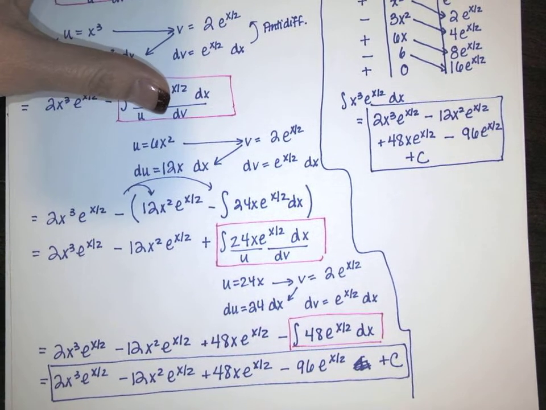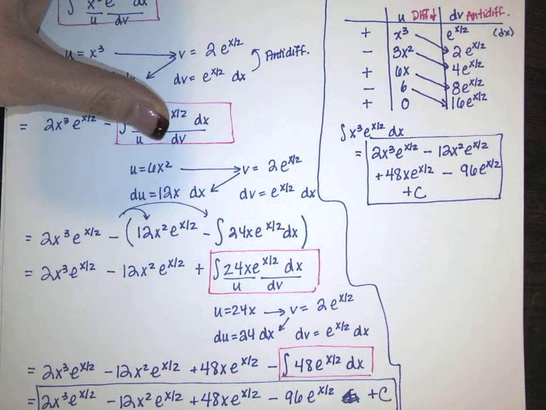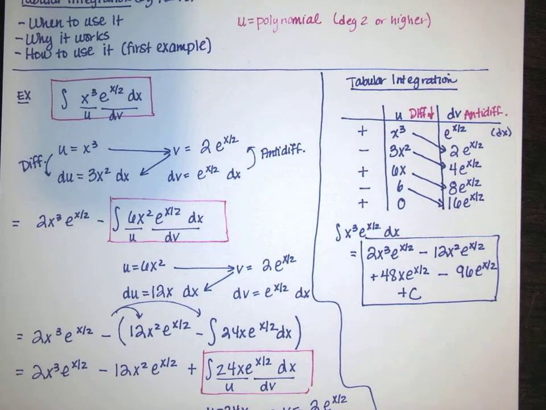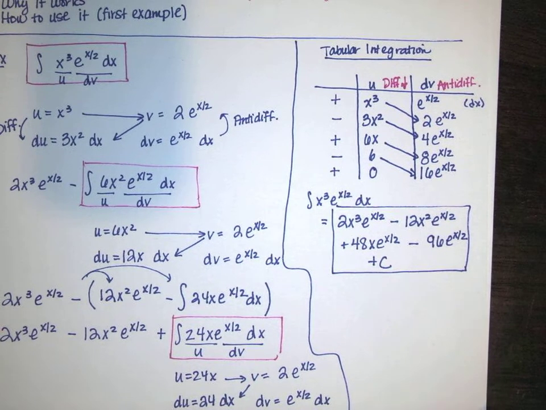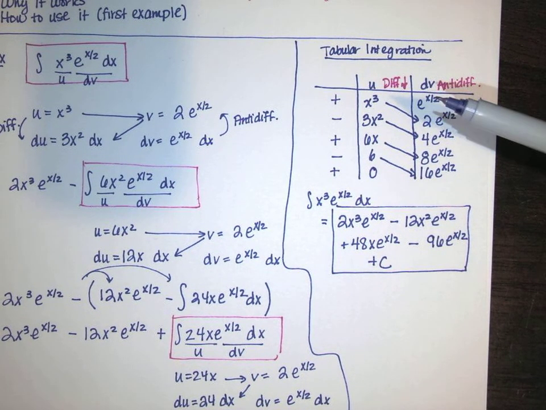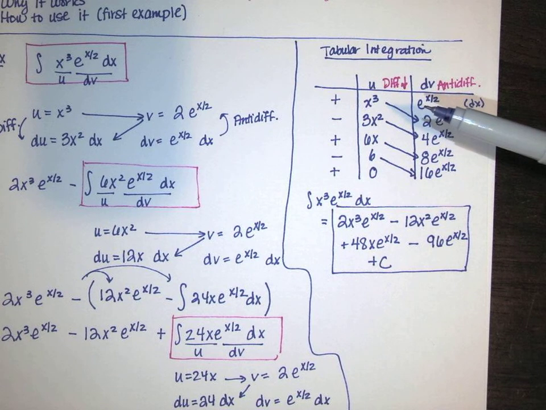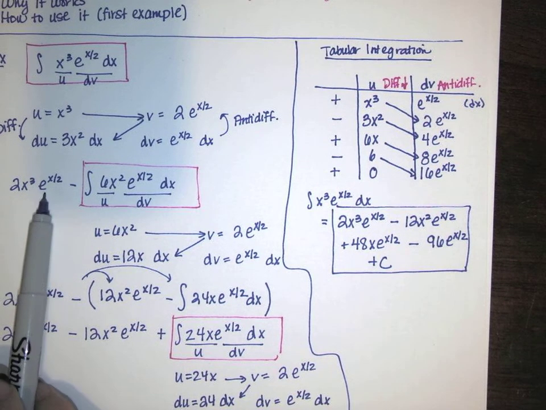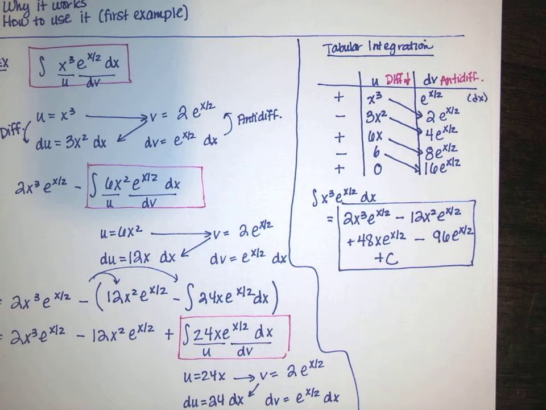Okay, so some students say, wait a minute, and they want to back it up, and that's why we've got the video, and that's cool. Like, how did that work? Why did that work? Let's think about what happened. With integration by parts, this first term is u times v, right?